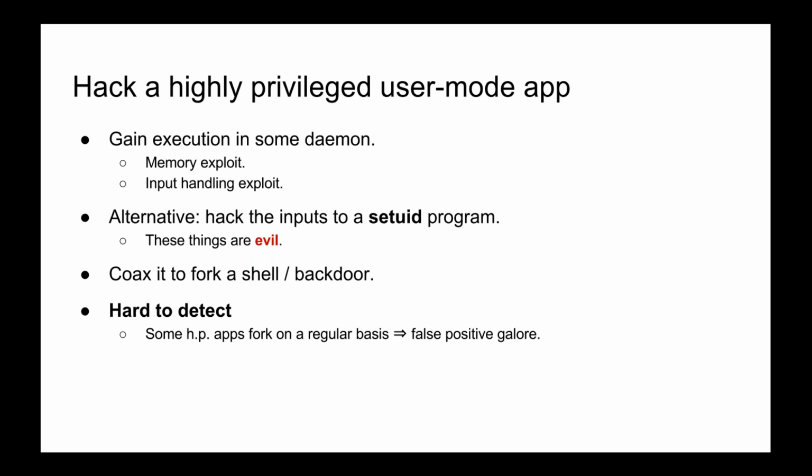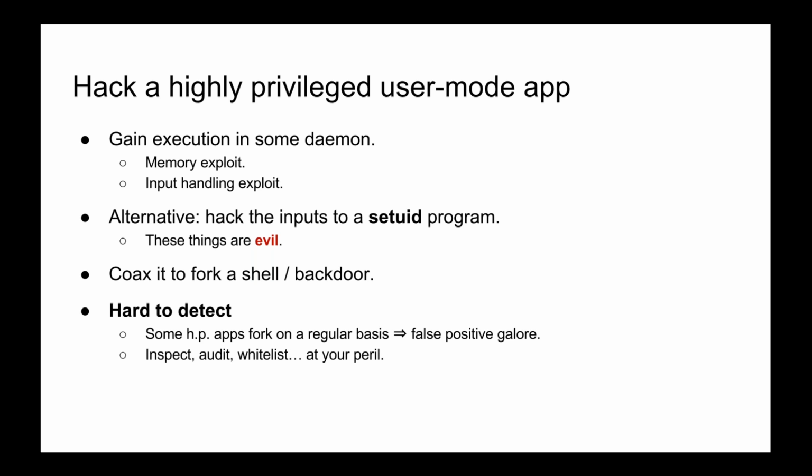It's just that this pattern of events is frequent, right? Many highly privileged applications will fork into highly privileged child processes on a regular basis, thereby granting many false positives to any test checking that.